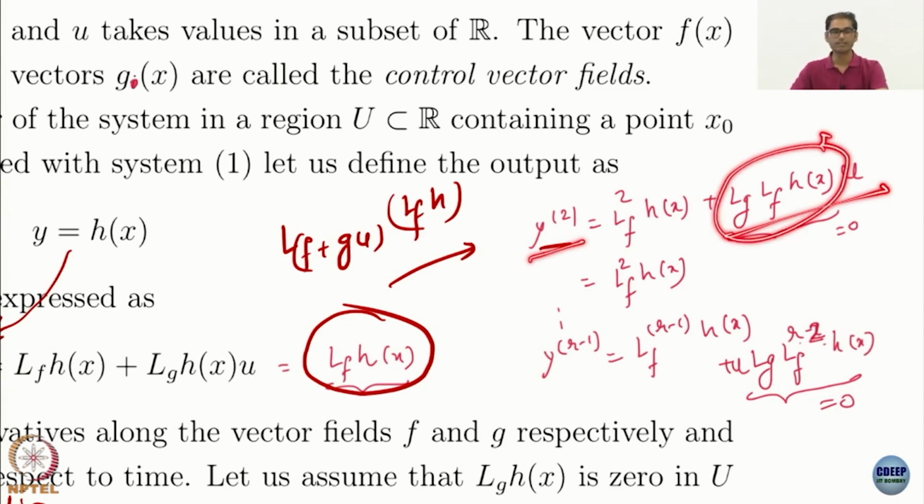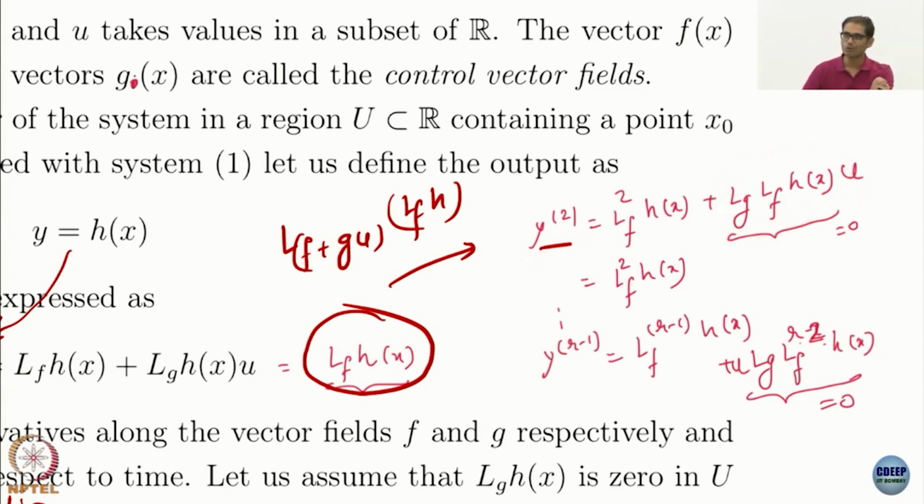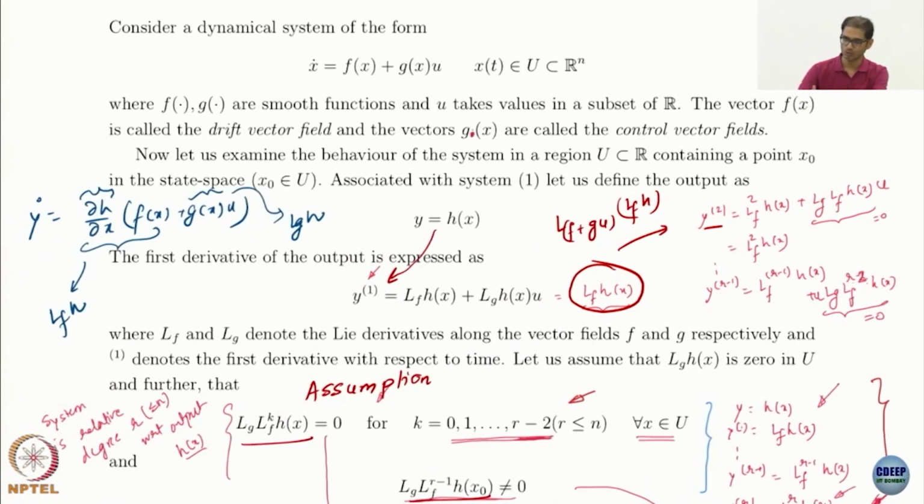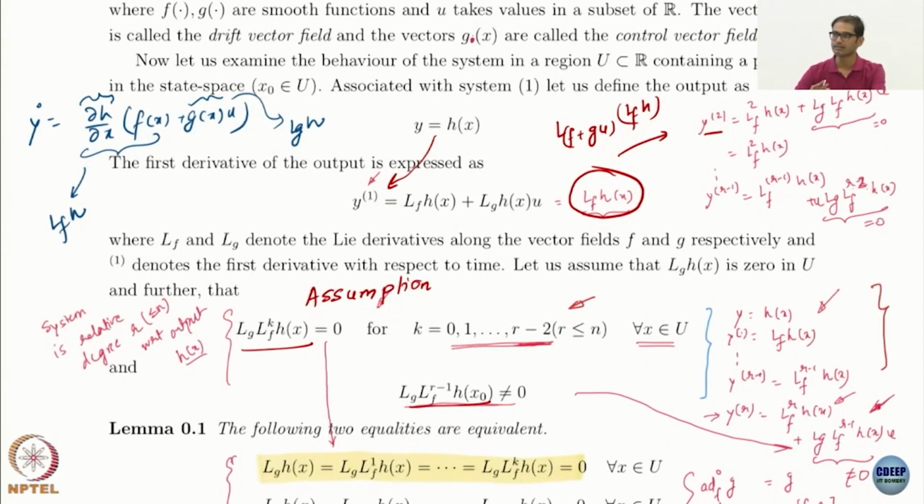So these LG, LF, LF squared terms will keep appearing now. This is why it is a little more complicated, because of the notation. But the idea is that they are just trying to express the derivatives, several rounds of differentiation, which you cannot express otherwise. There is no nicer way of expressing this, because you have dynamics coming in at every derivative.